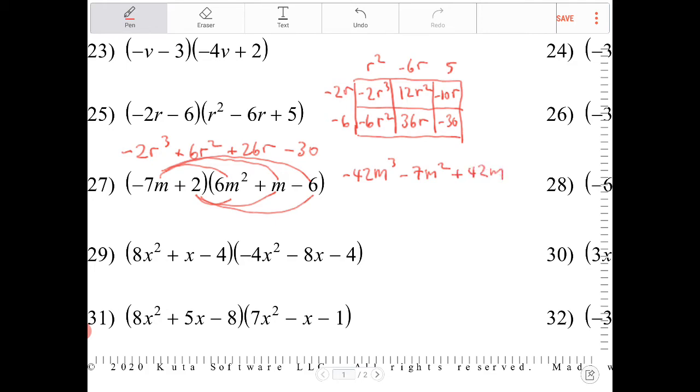And then I'm going to have 12m squared, and plus 2m, and minus 12. And I'm going to add them all up. I'm going to end up with negative 42 m cubed plus 5 m squared plus 44 m minus 12. And there you go.